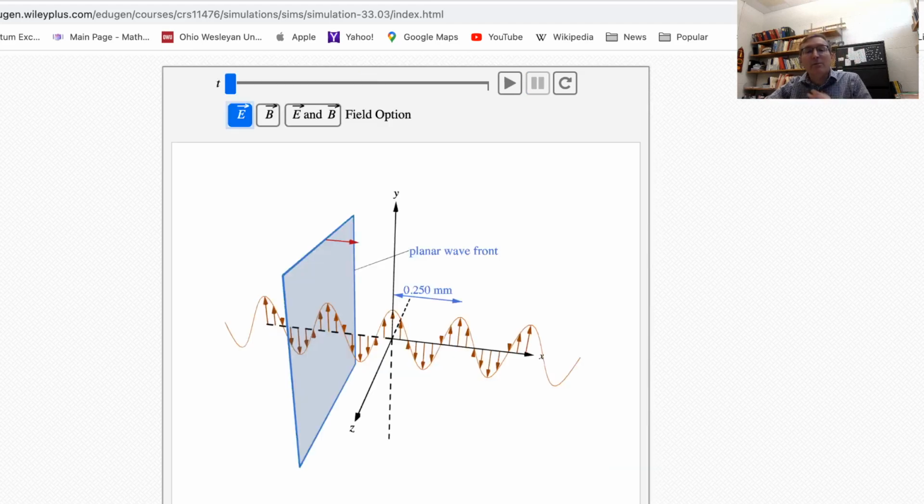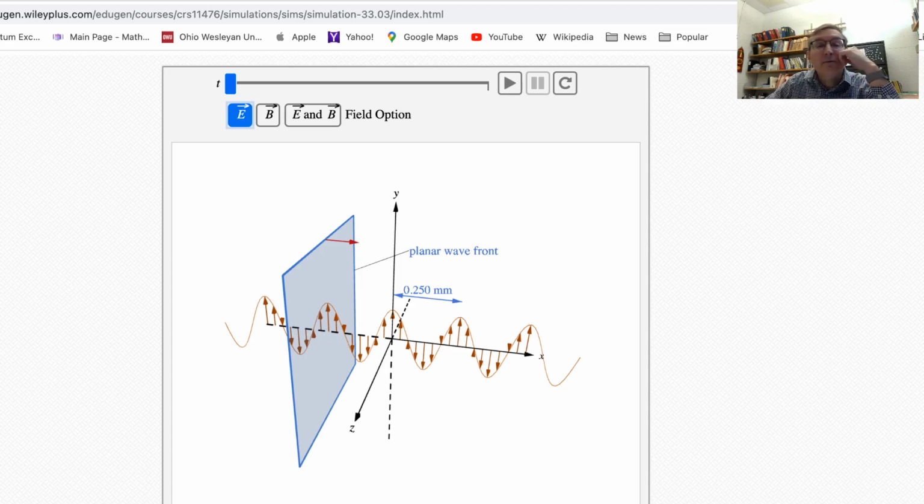Okay? Now, here what we're going to do is we're going to take just the electric field part and draw it just for a series of points on the x-axis, but distributed along the x-axis. And so at this moment in time where we've said freeze, you can see the electric field vectors.